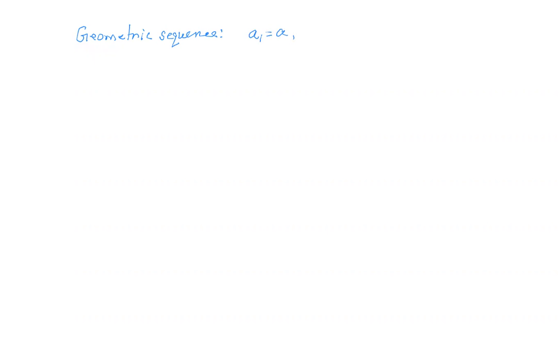And after that, you have something called R, which is the ratio. You get A2 by taking A1 and multiplying it by R. You get A3 by taking A2, which is this, multiplied by R. That's going to give you A R squared.